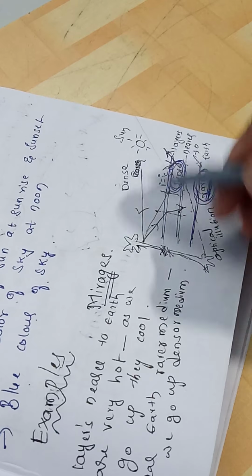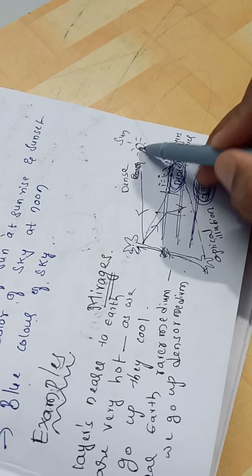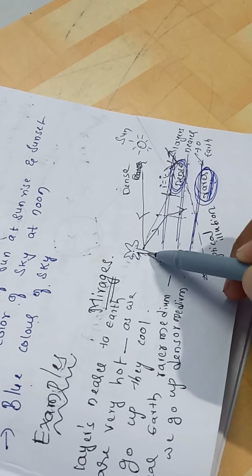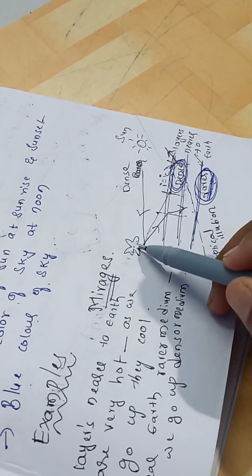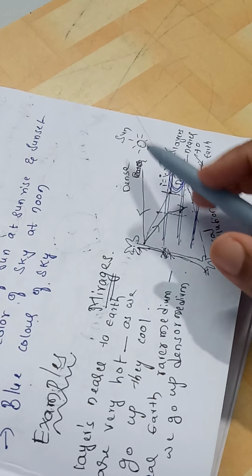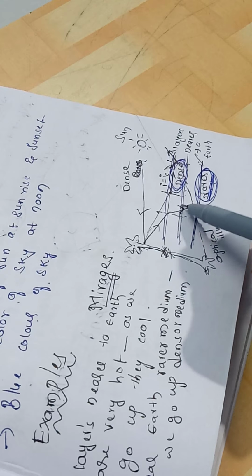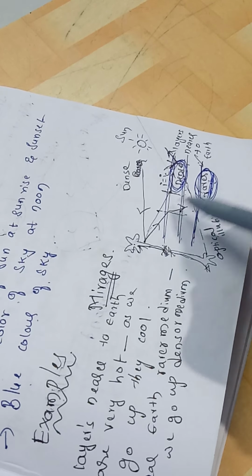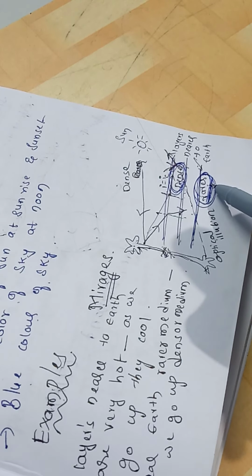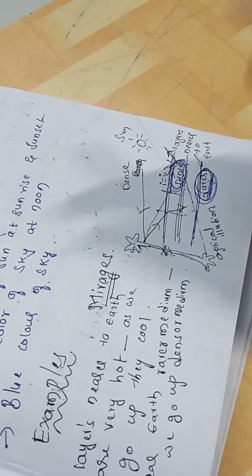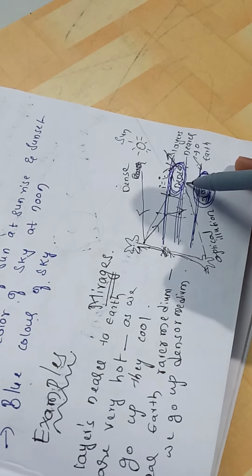So first, if we take a tree, the light rays from the sun first are incident on the tree, right? Now this tree reflects those sun rays, and those rays are traveling towards the rarer medium, towards the earth, okay? But above that ray, as we go up, I said it is a denser medium, no?